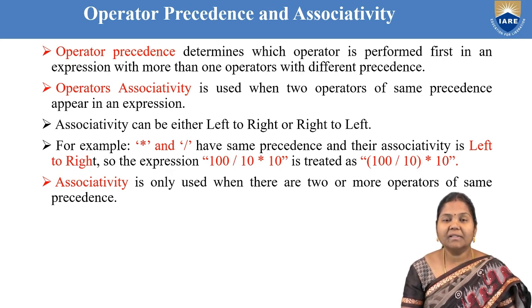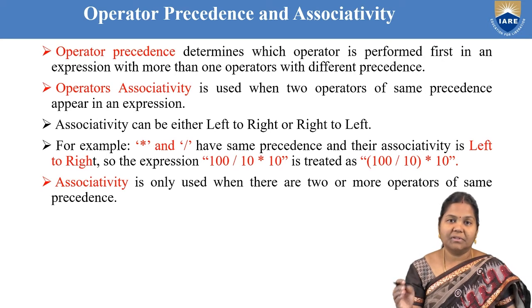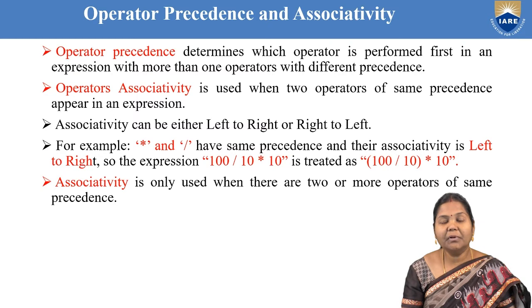So, multiplication will be applied first, then addition. Similarly, if any mathematical expression contains parenthesis, then parenthesis will have higher precedence than anything else. So, parenthesis will be evaluated first. What is the order of evaluation if multiple operators are available? That is called the operator precedence.